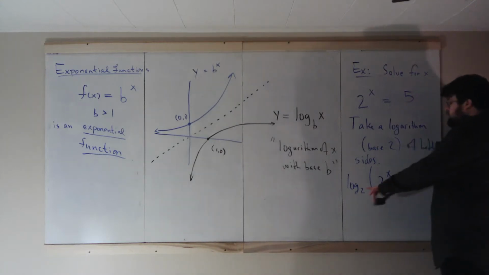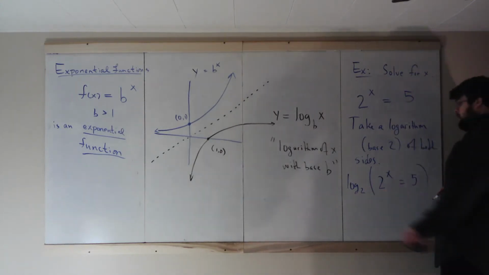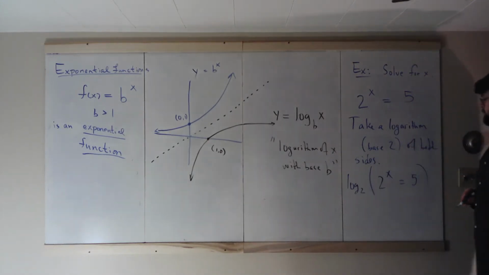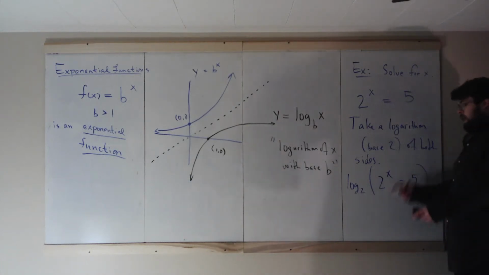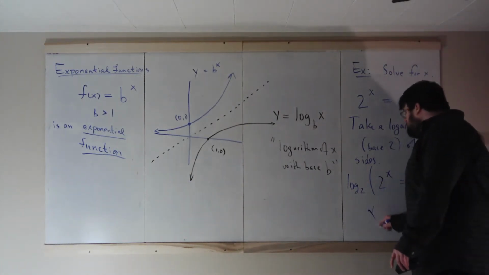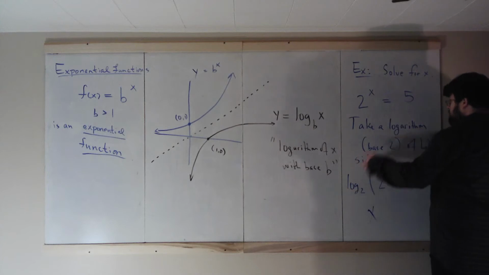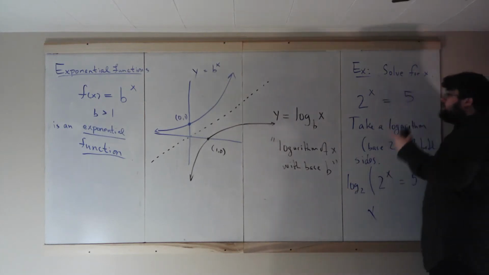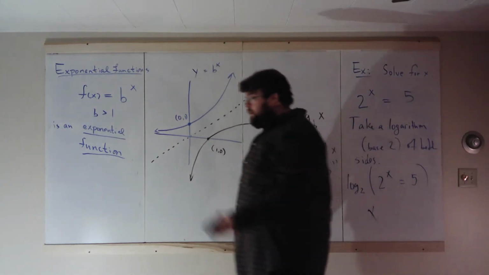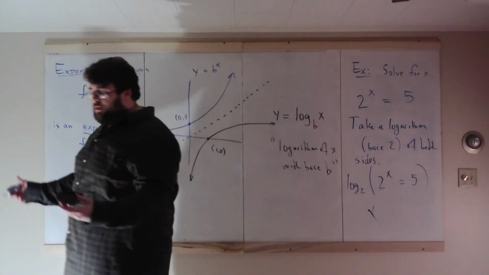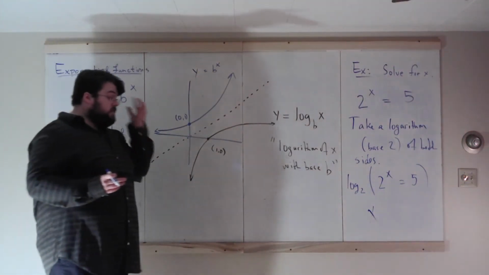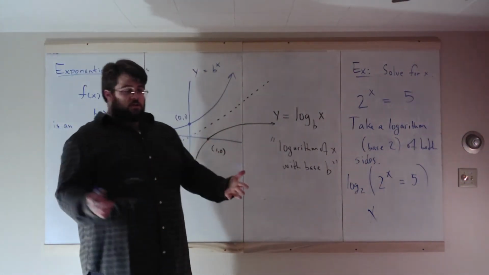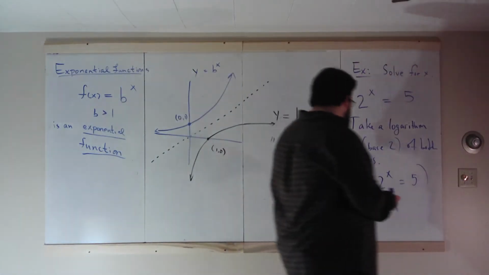We have the equation 2 to the x equals 5. Let's take the logarithm with base 2 on both sides. Well, what happens on the left side? Logarithm and exponential cancel each other out. Inverse functions cancel each other out, just like inverse numbers cancel each other out.